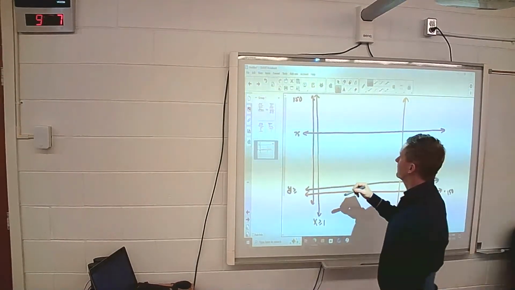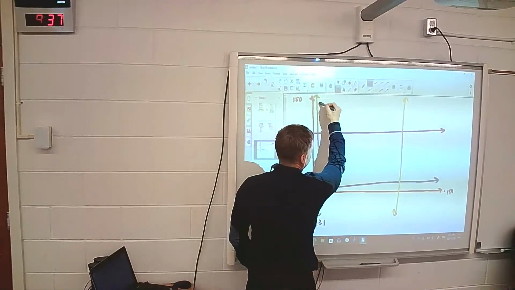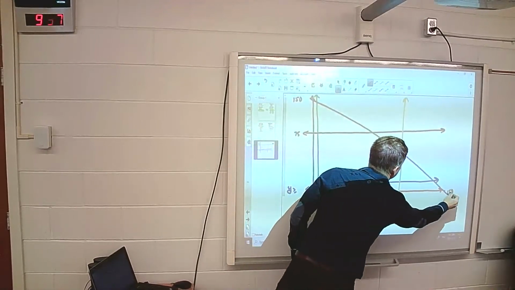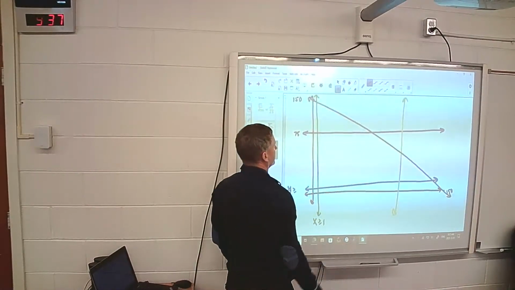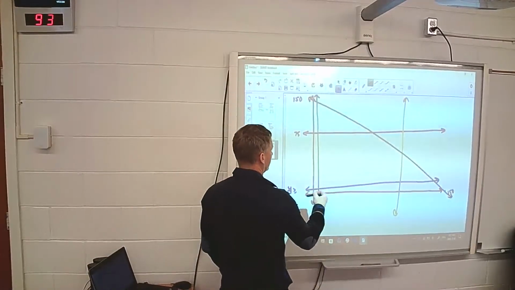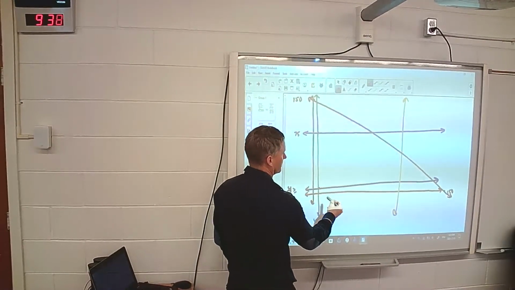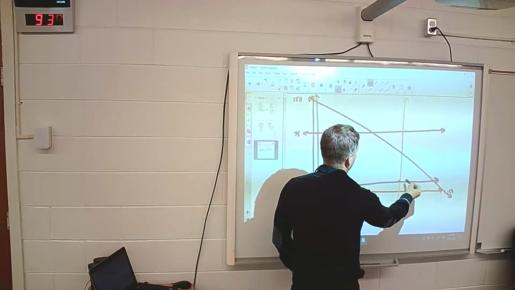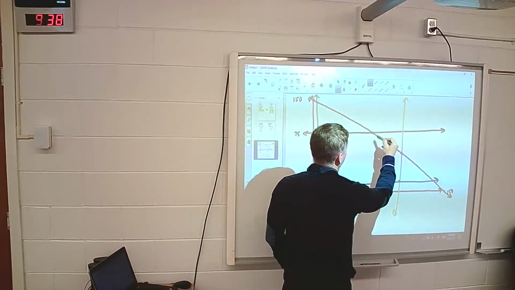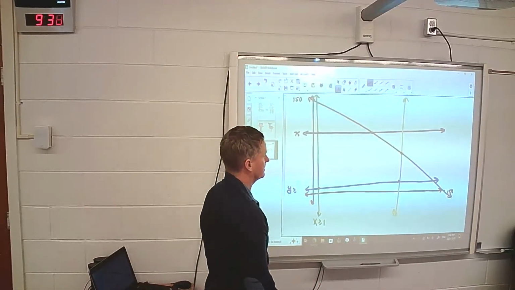So that graph should look something like that. So your critical points then would have to be here, here, here, here, and here. I believe those are your 5 critical points.